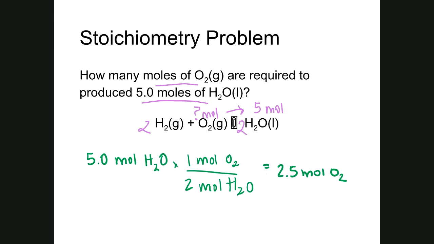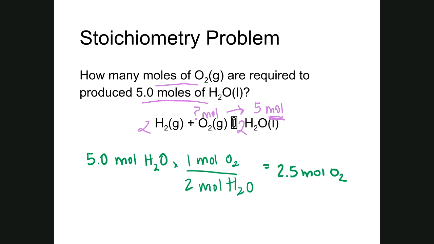Step 2 says to convert into moles. Well, we were already in moles, right? Our starting amount is 5 moles. So for this particular problem, we can skip step number 2 and go directly into step number 3, which is using the molar ratios that we learned about in chapter 5.